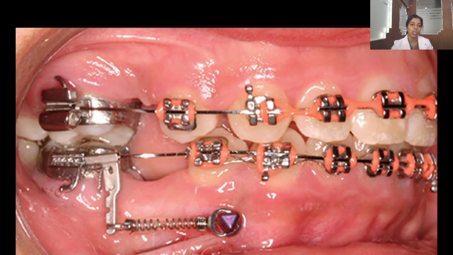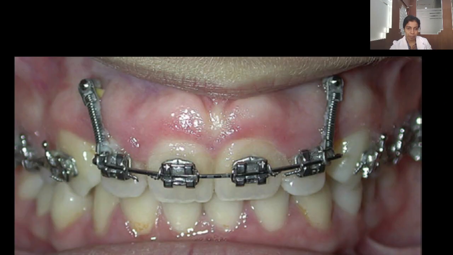See, in this picture, you can see a temporary anchorage device put in between the premolars, and in this situation the spring is attached from the temporary anchorage device to the second molar to protract the molar anteriorly.